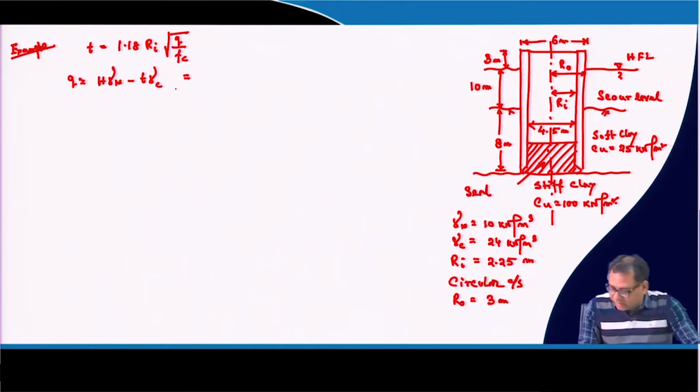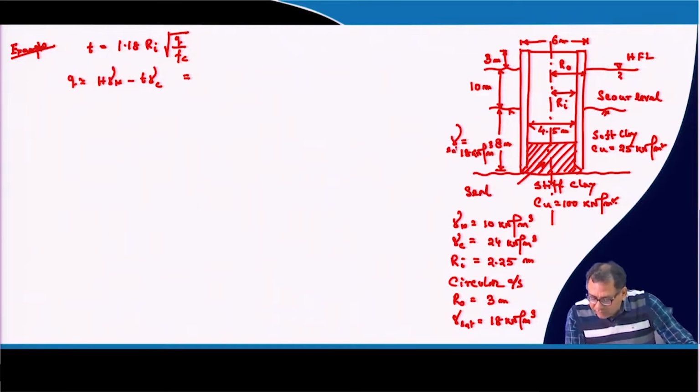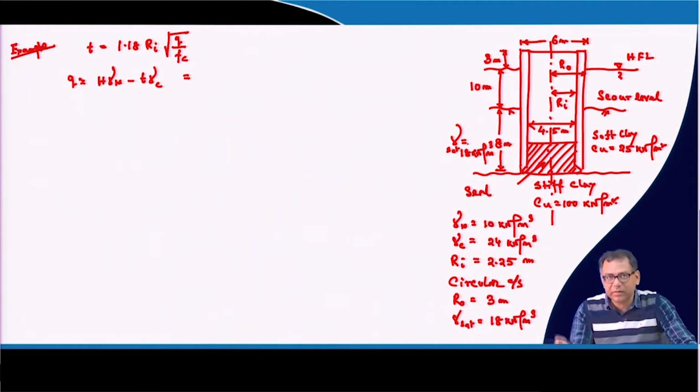Now, this is the unit weight of the soil, which is given as 18 kilonewton per meter cube.